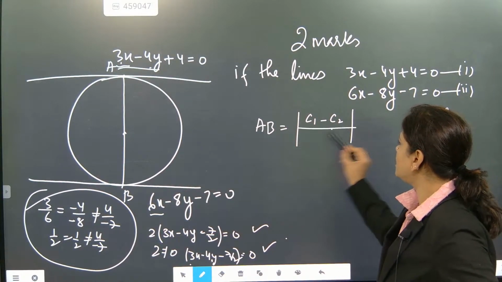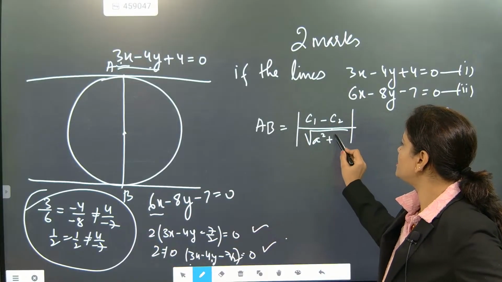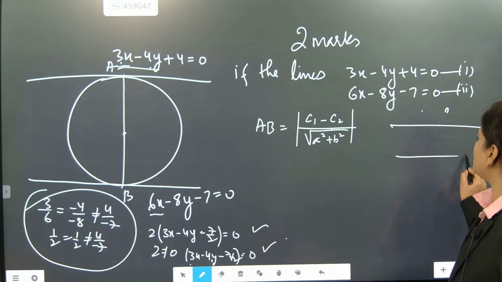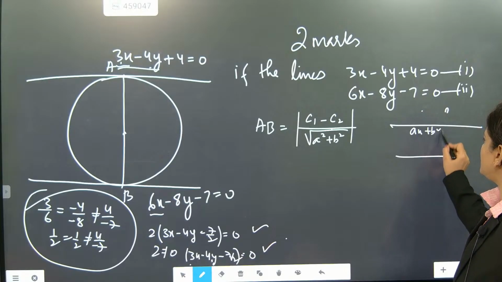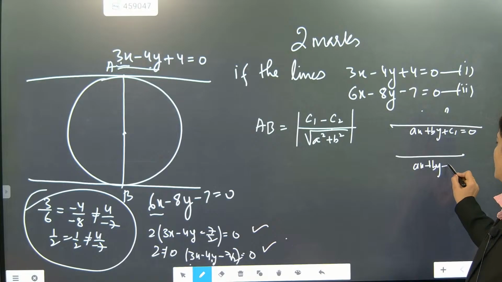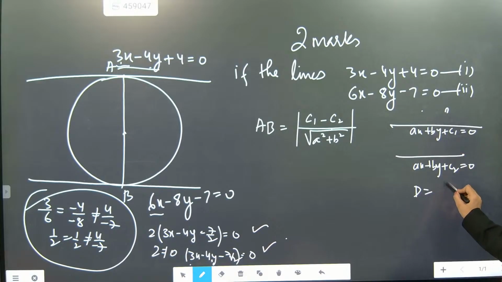Okay. Now root under the coefficients. The coefficient is what? A square plus B square. Understood? Because when two lines are parallel, Ax plus By plus C1 equal to 0, Ax plus By plus C2 equal to 0. So the equation will become like this. Then only we can use the distance formula. Their distance will become modulus of C1 minus C2 by root under A square plus B square.